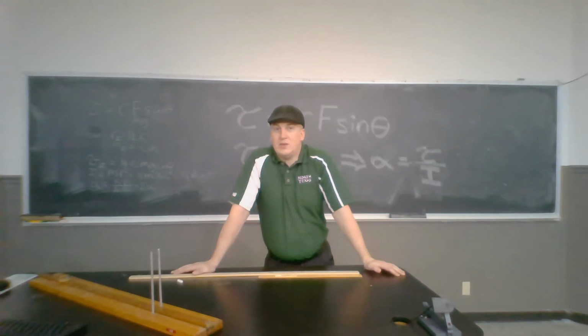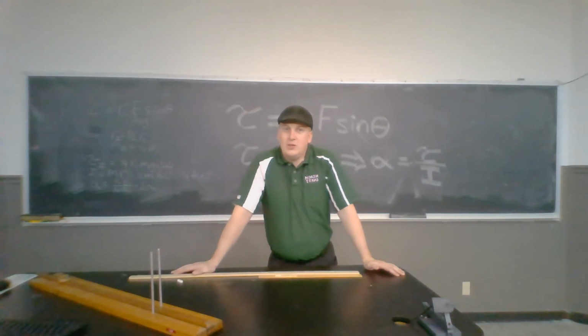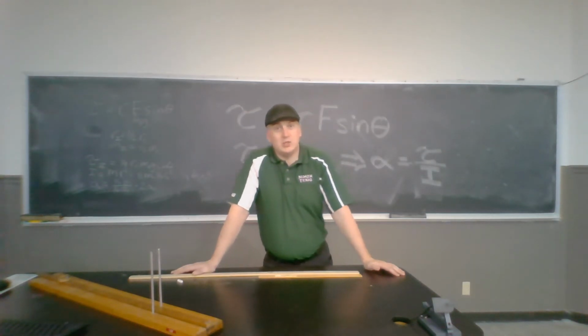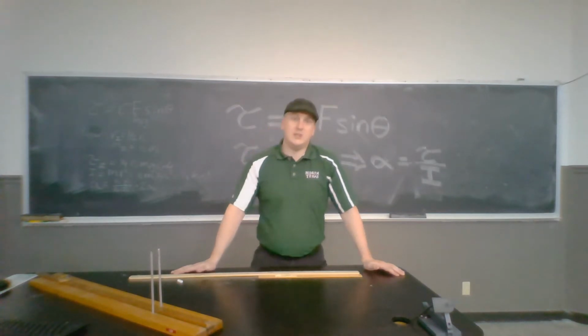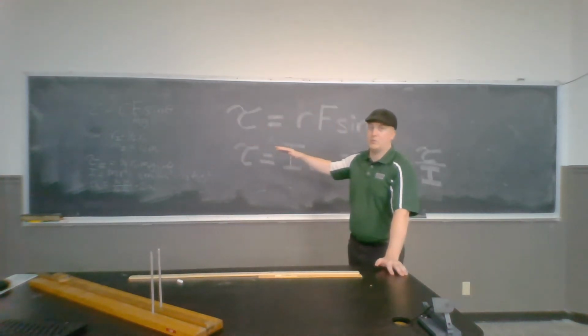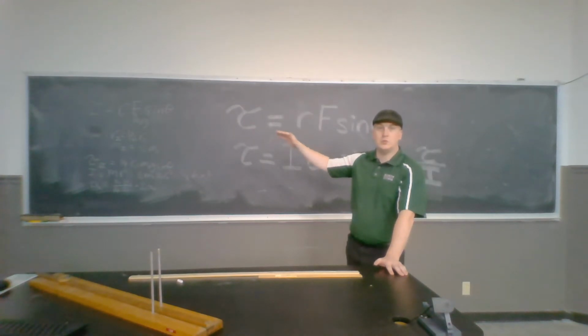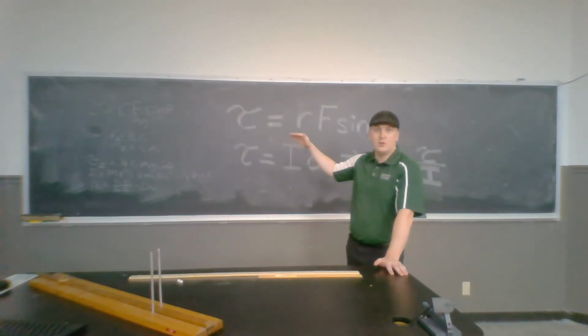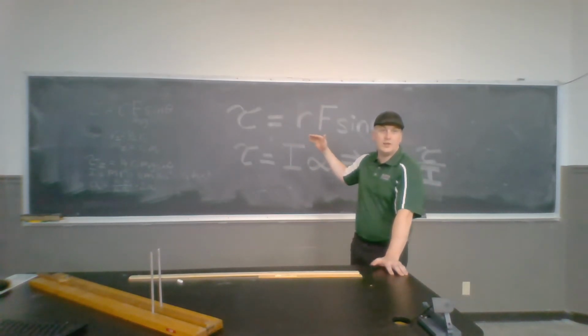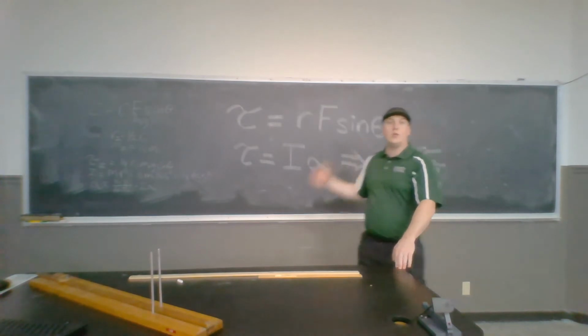So with that, we have to talk a little bit about how angular acceleration is related to torque. Torque, by definition, on the board behind me, is that tau, which stands for torque, is equal to the radius from the pivot point times the force applied times the sine of the angle theta.